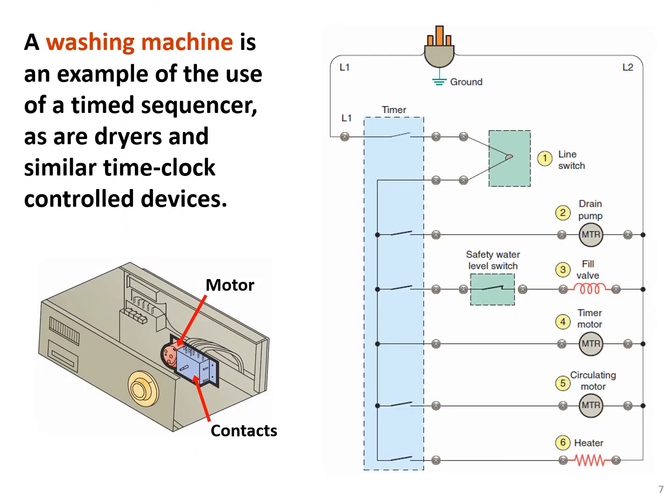A washing machine is an example of the use of a limited sequencer, as are dryers and similar time clock control devices. So washing machines or dryers are basically a sequencer. We choose a program, and when we choose a program, basically we are selecting a specific sequence, and the machine goes through that sequence, no matter what, okay?